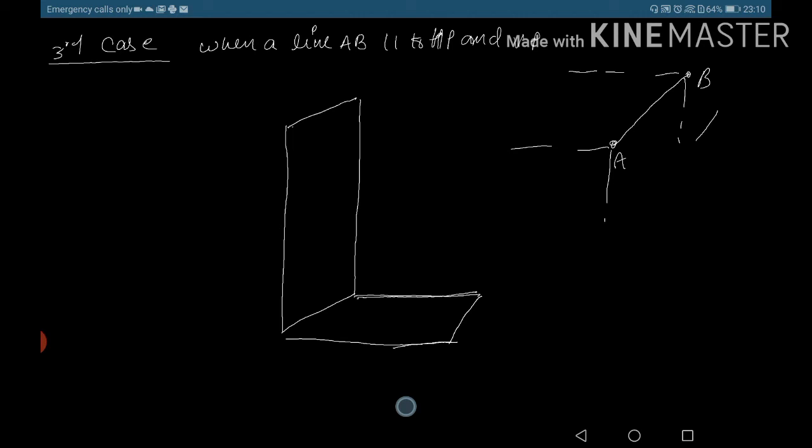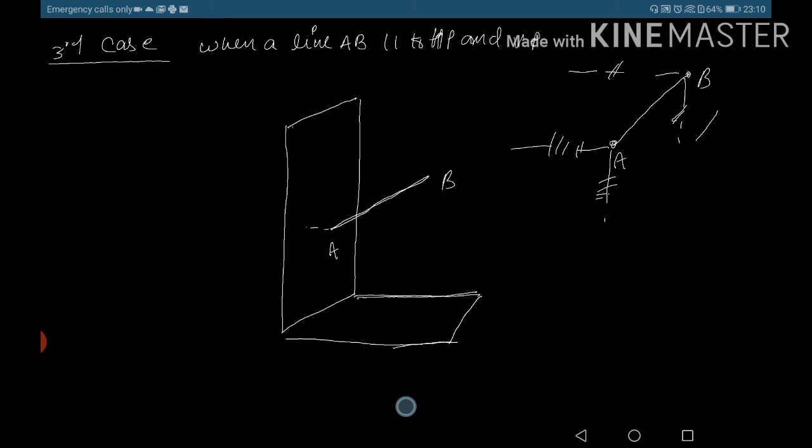Okay, means these two distances should be same and these two distances should be same, but these two distances can be different. Okay, so I'm placing my line like this. This is my line. Okay, let's say A, B.